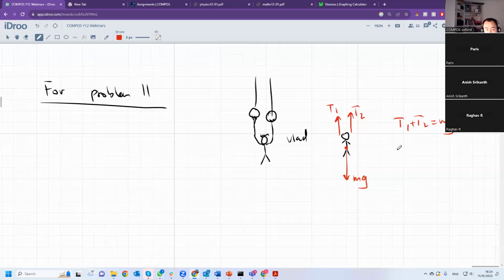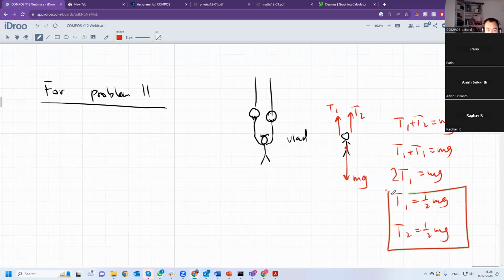If they are equal, then T1 plus T1 equals mg, so 2T1 equals mg. So T1 is equal to 1/2 mg, and T2 is also a half mg. So this is what I mean when I say find the tension in terms of mg.